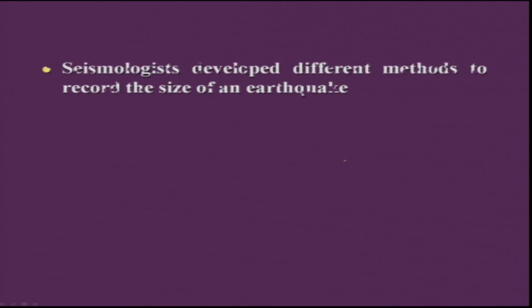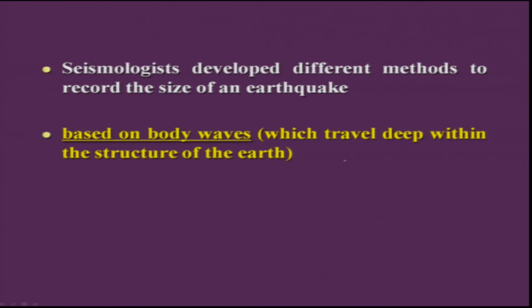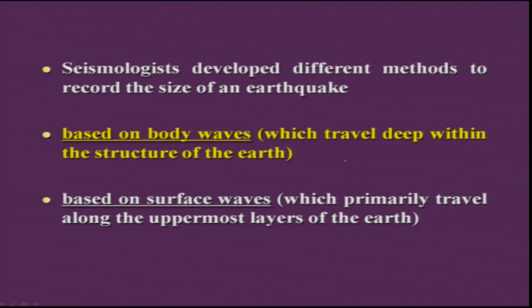Then seismologists developed different methods to record the size of an earthquake. Based on the body wave, which travels deeper within the earth structure, they came up with the body wave magnitude, and based on the surface wave, which primarily travels along the uppermost part of the earth, they developed another scale.